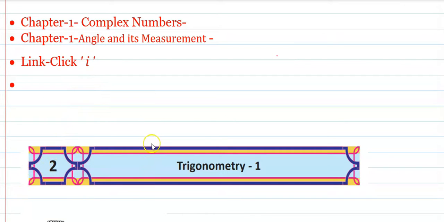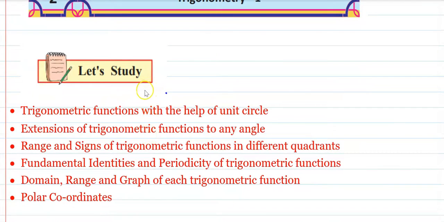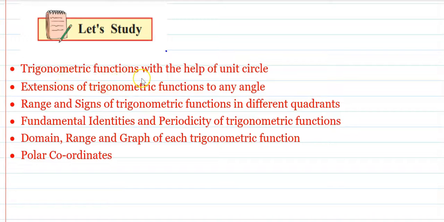Now in this video, we start the new chapter, Trigonometry 1. In this chapter, we will learn trigonometric functions with the help of unit circle, extension of trigonometric functions to any angle, range and signs of trigonometric functions in different quadrants, fundamental identities and the periodicity of trigonometric functions, domain, range and graph of each trigonometric function, and lastly polar coordinates.